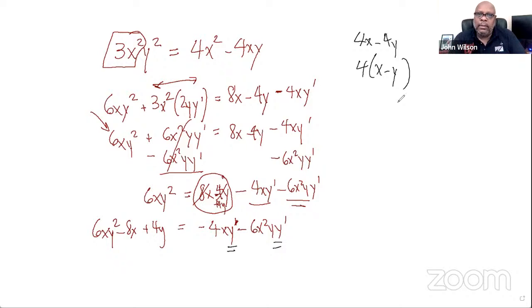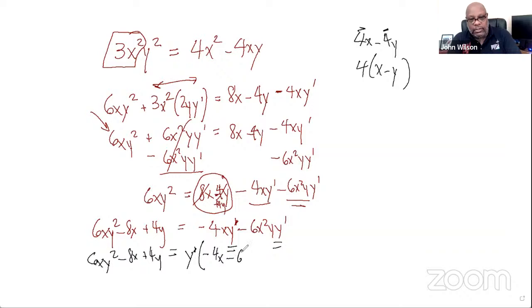Remember that? Because the 4 was common to both terms. That's what's happening here. And what we get is 6xy squared minus 8x plus 4y is equal to y prime times minus 4x minus 6x squared y. Because we took out the y prime.